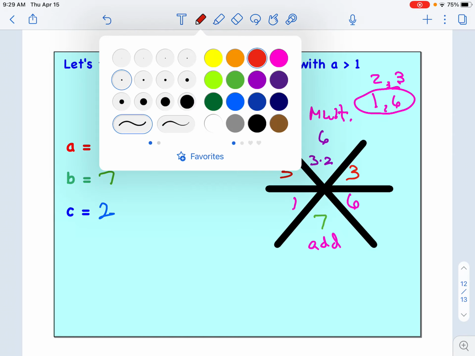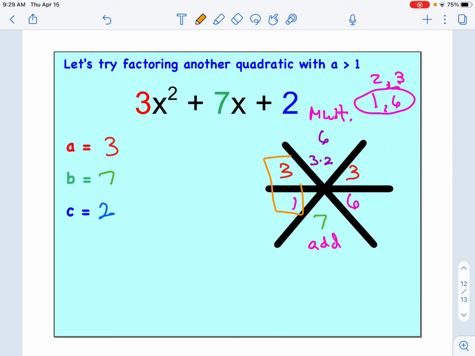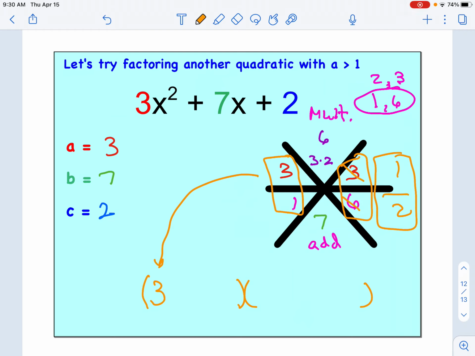And so now I look at this as a fraction, and I see, can I reduce this? I can't reduce that side, but I can reduce this side. 3 goes in here once, 3 goes in here twice, so this is my fraction. So I'm going to draw my parentheses. I'm going to put the 3 in the front, and it goes with whatever variable, x or y or z or whatever, and the 1 goes in the back.